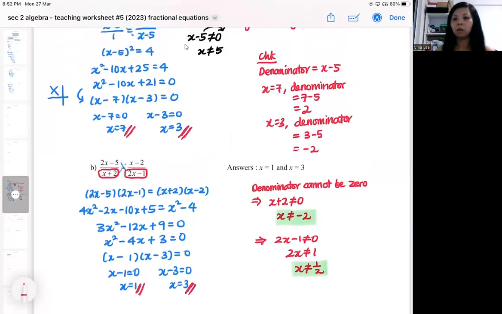You do not need to show the checking. Mentally, you can check. Try to do a mental check in this way. All the checking that I'm doing here, you do not need to show. You can even just punch the calculator to check.